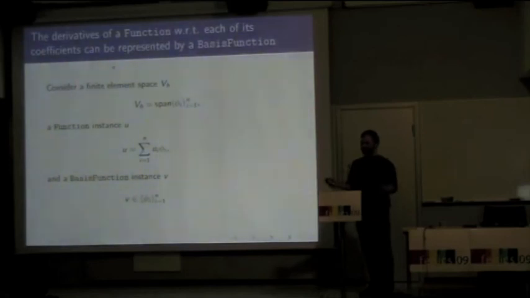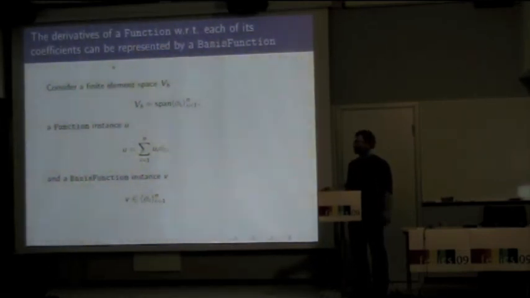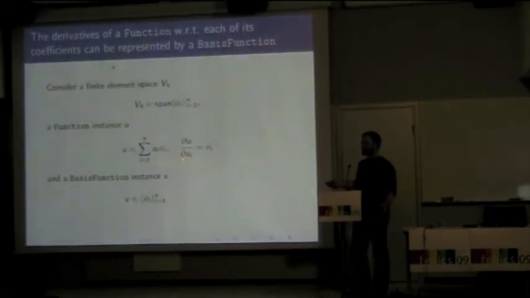Another note about how this works. If you consider a finite element space with a basis, and you have a discrete function in this space with coefficients u_i, and a basis function instance that represents some element in this basis, you can see that the derivative of this function with respect to one coefficient is one of the basis functions. And the basis function instance can represent one of those derivatives.